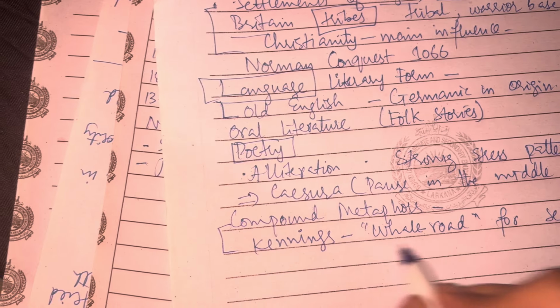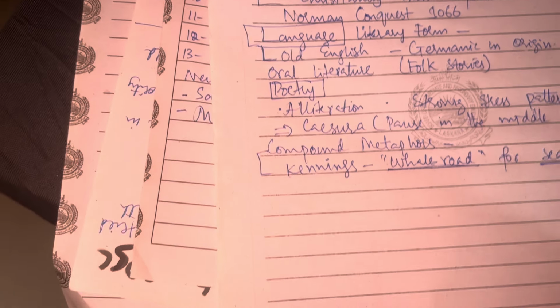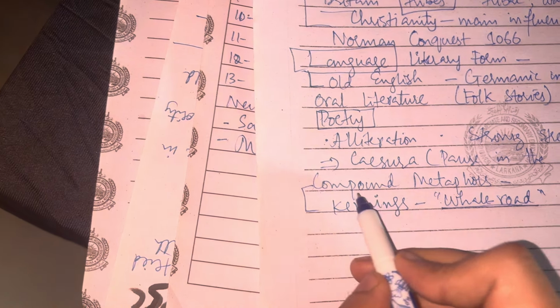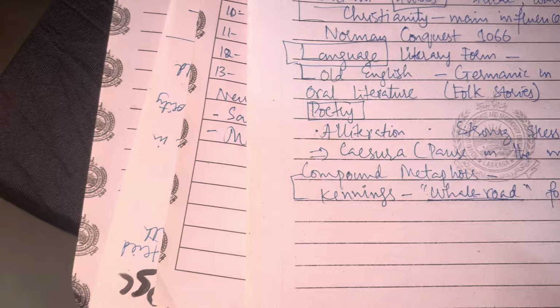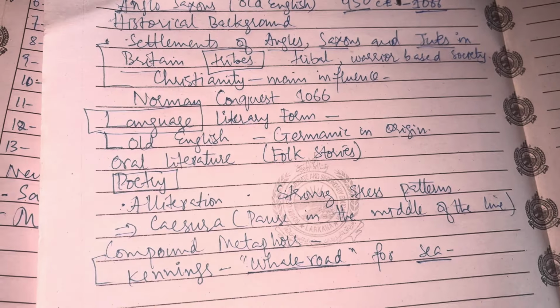In poetry, they used the term whale road for sea. This is a type of metaphor, and it was used in the Anglo-Saxons period.